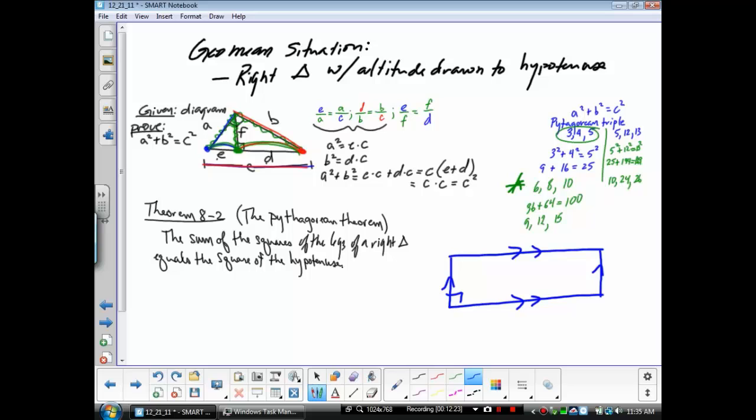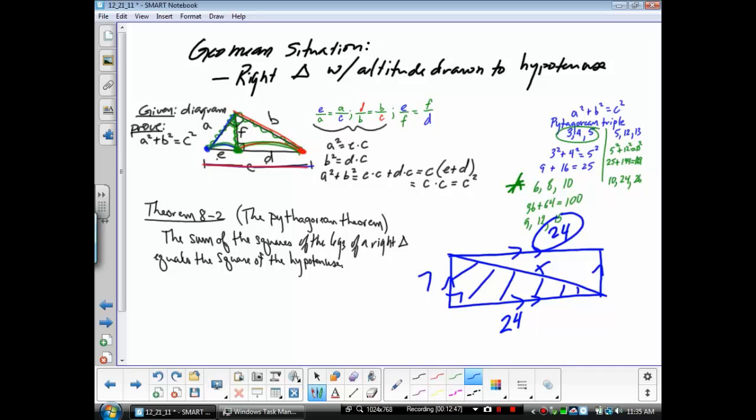I also have a diagonal drawn in here. This is 7, this is 24, and they want to know what is the length of that diagonal. Now, if this side length is 24, opposite sides are congruent. So this side length will also be 24, and now we're working with a right triangle.